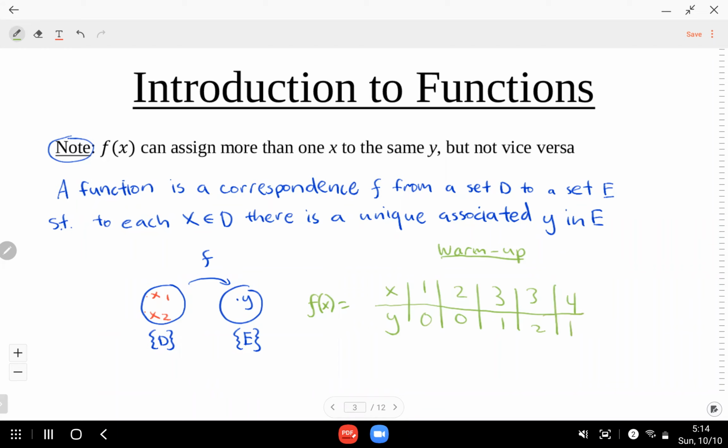Is this a function or not? This is our warm-up. It should be pretty easy if you understand the definition of a function. Is this a function or not?